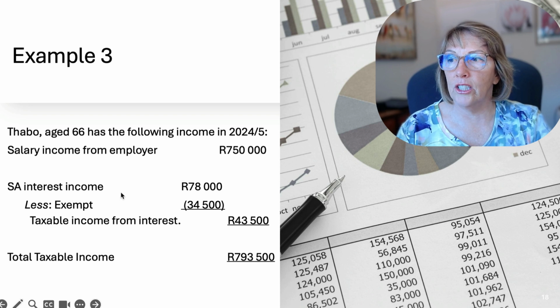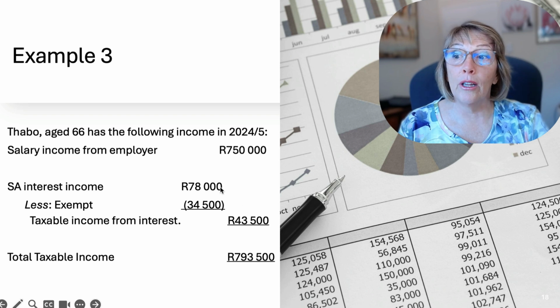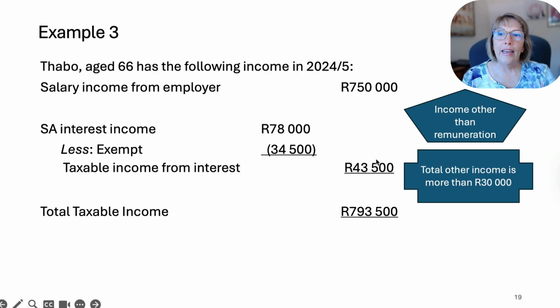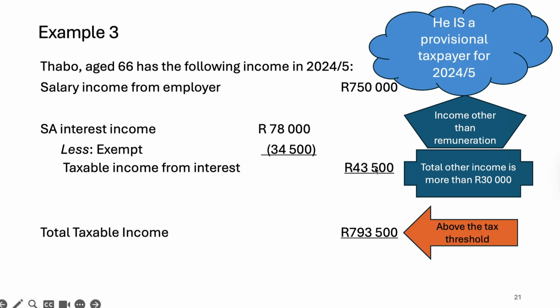He's just an investor earning this interest income. He's got income other than remuneration, and that taxable amount of that income is more than 30,000 Rand. And his taxable income is definitely above the tax threshold. Right, so that means that he is then going to be a provisional taxpayer. He's got income other than remuneration that is more than 30,000 Rand. He's above the tax threshold, and so he is a provisional taxpayer.